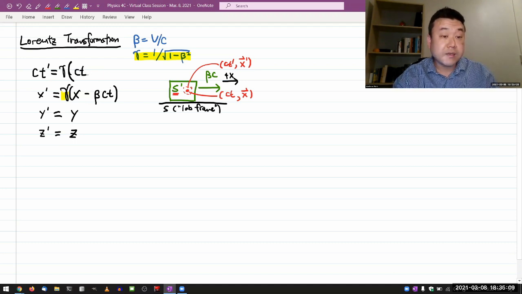And then it has a second term that you never would have expected from Galilean or Newtonian physics. There's a minus beta x. Sometimes we say in Lorentz transformation, the time and space coordinates mix, as in space coordinates come into determining some of the time coordinates under this transformation.